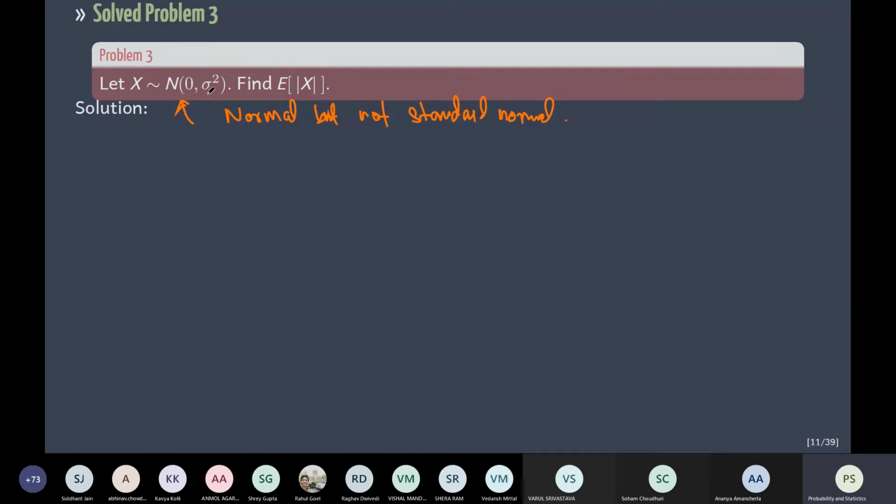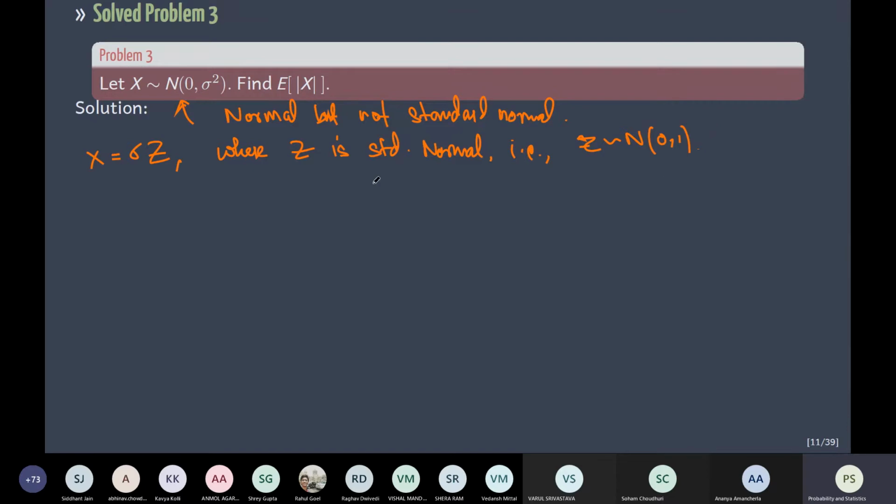But we always know that we can write this in terms of a standard normal. And how can we do that? We can write this as sigma times Z, where Z is standard normal. This is something we have seen in the previous class, how any normal can be written in terms of a standard normal. So the standard normal parameters are fixed, that is, Z follows normal 0, 1.